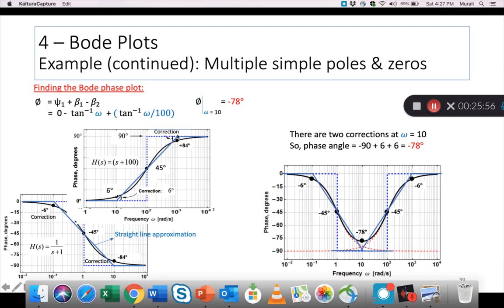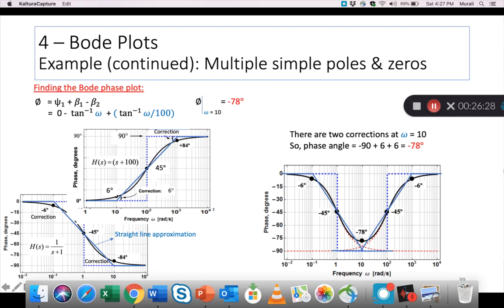So 45 to 45, but that just brings us back to the 0 phase angle again. After all is said and done, because of the effect of a pole and a 0, if you look at very high frequencies, well beyond what you see here, the net phase angle is likely to be 0 degrees again.